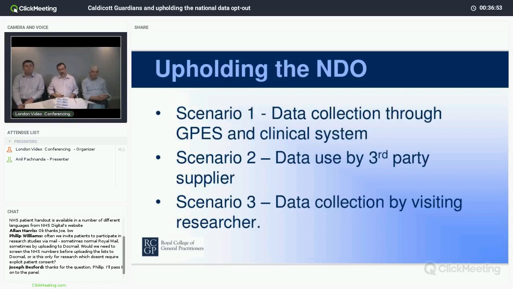The second one is where third-party suppliers are obtaining and using patient information, both for individual care and for other purposes. And the third scenario is where you've actually got a small-scale research project where somebody's actually just coming into the practice and gathering data from the GP clinical system.